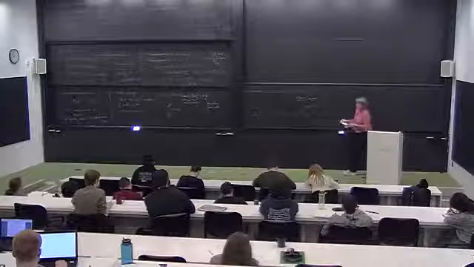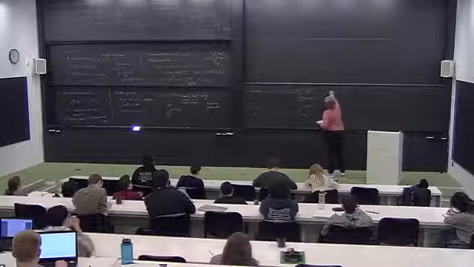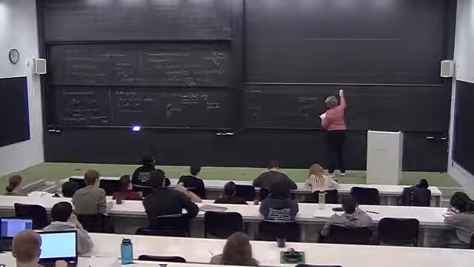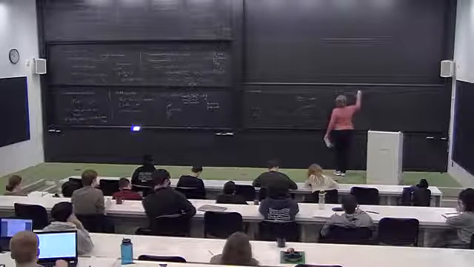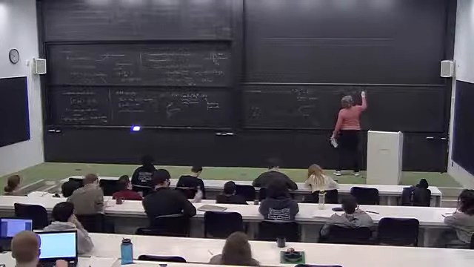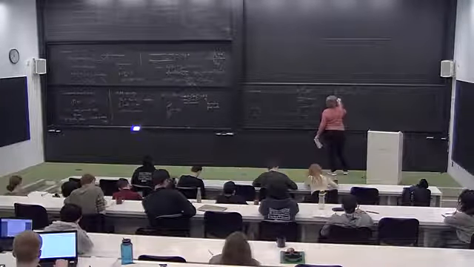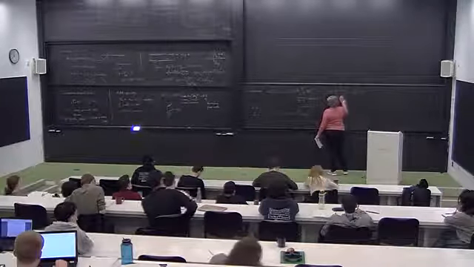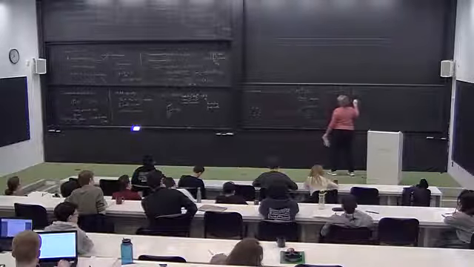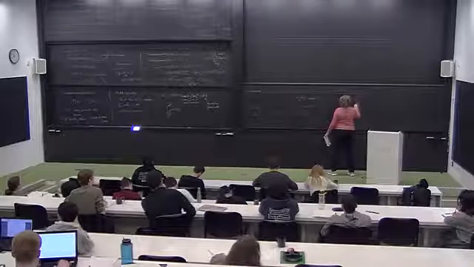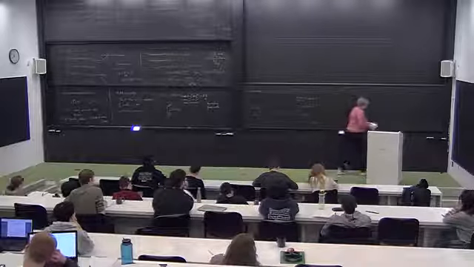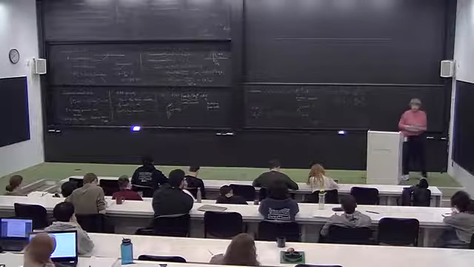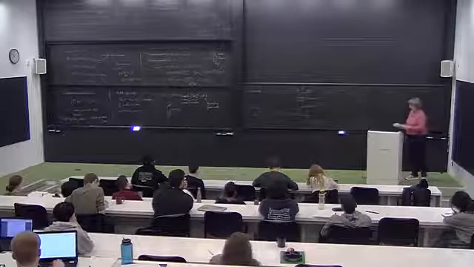So this is relatively straightforward. I can read off my connection 1 forms. So I'm kind of halfway there.